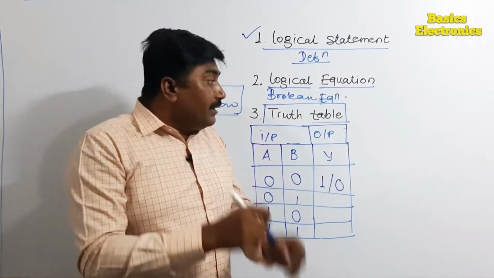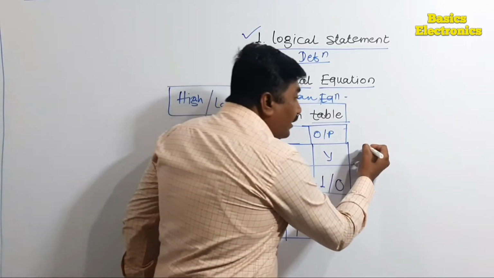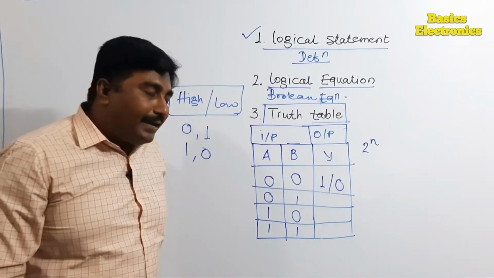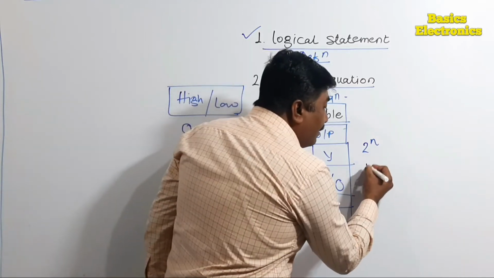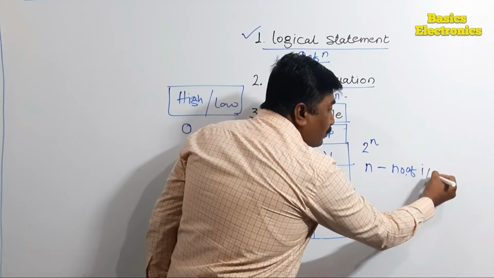The total number of conditions is given by 2 to the power n, where n is the number of inputs.